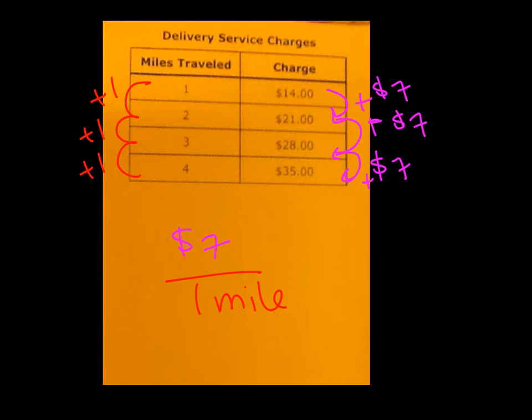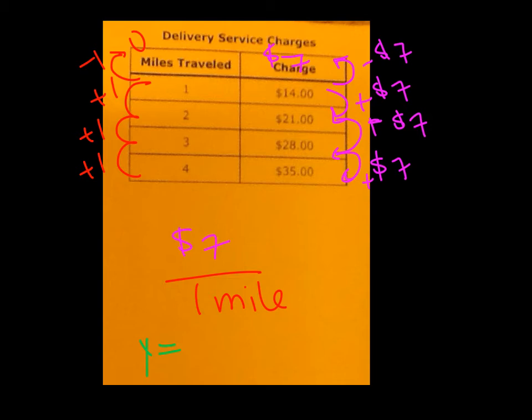Again, we can do the exact same thing that we did with Donna's yard service, and we could go backwards, and figure out how much they're going to charge just to deliver something maybe. So maybe those people who are living in the exact same building as this delivery service, if we took that $14 and subtracted $7 from it, they're being charged $7 no matter what just to have that delivery service.